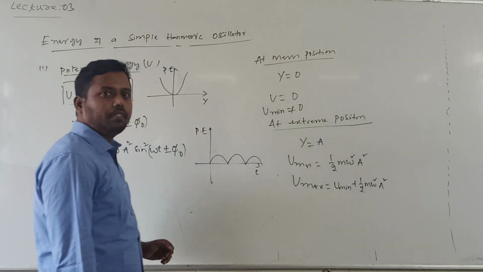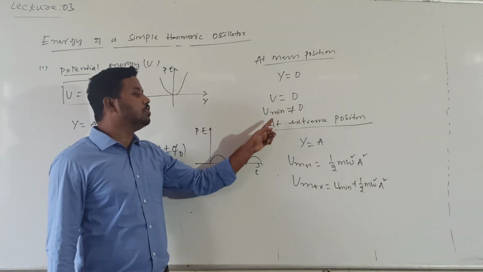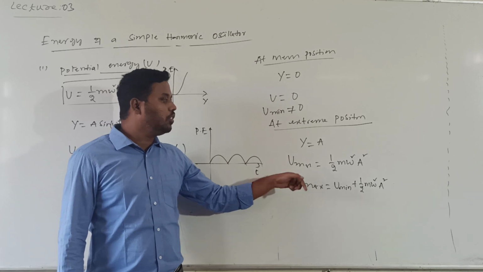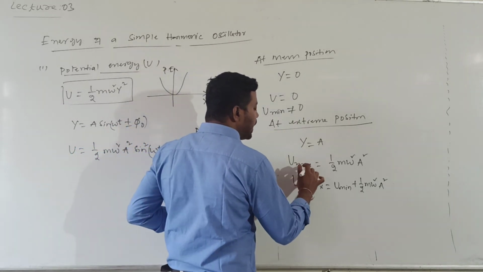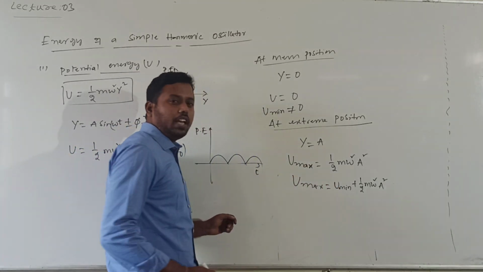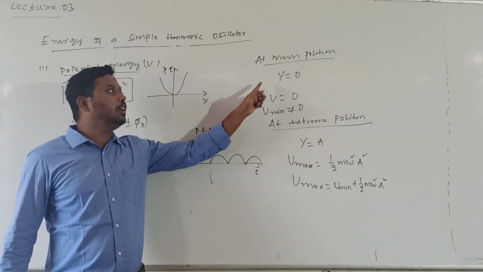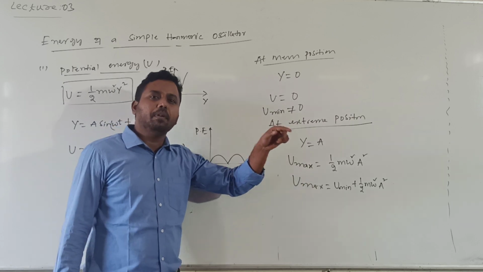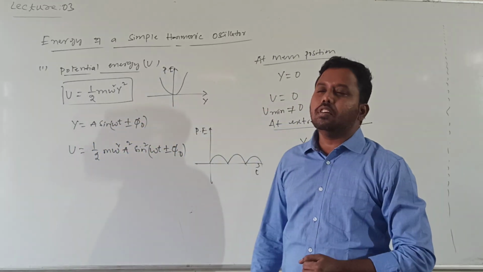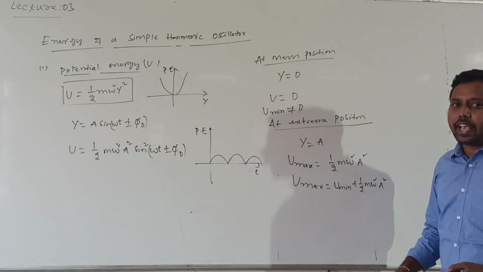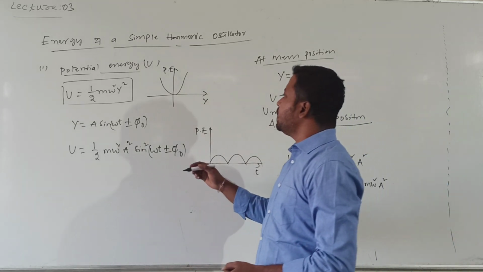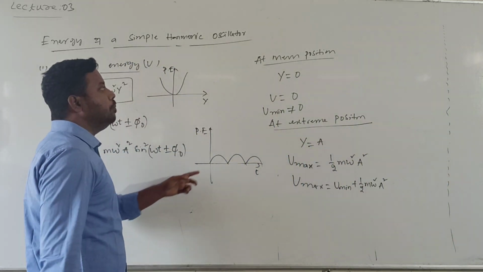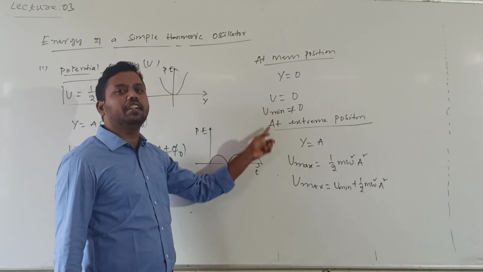Whenever the potential energy at the mean position is 0, u maximum is 1 by 2 m omega square a square. If u minimum is not 0 at the mean position, then u maximum is u minimum plus 1 by 2 m omega square a square.